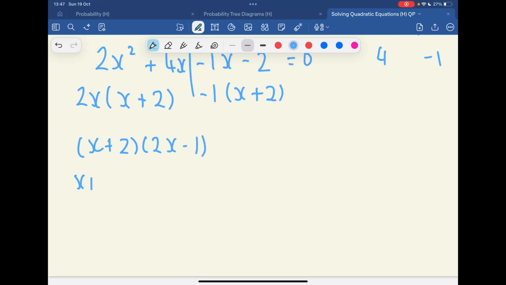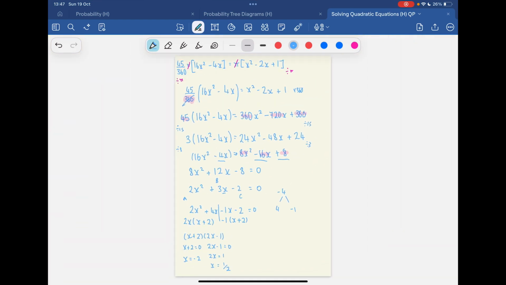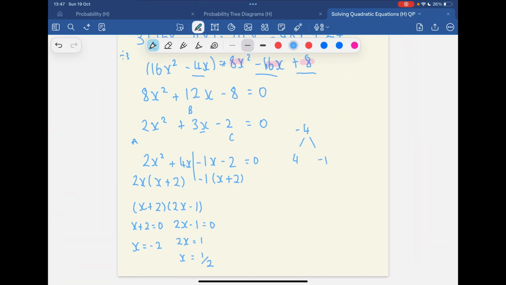Here, if x plus 2 equals 0, x has to be equal to negative 2. And here, if 2x minus 1 equals 0, 2x has to be equal to 1. X has to be equal to 1 over 2. So we've solved for x. We have these two values for x.